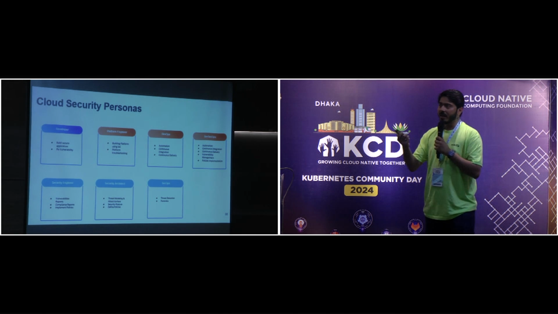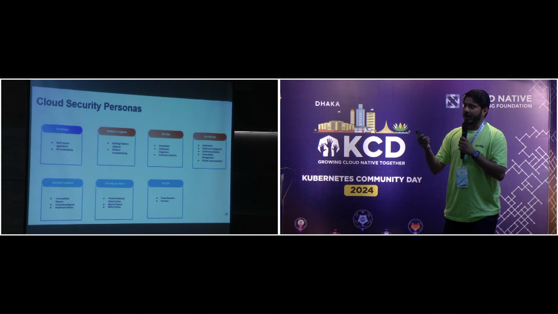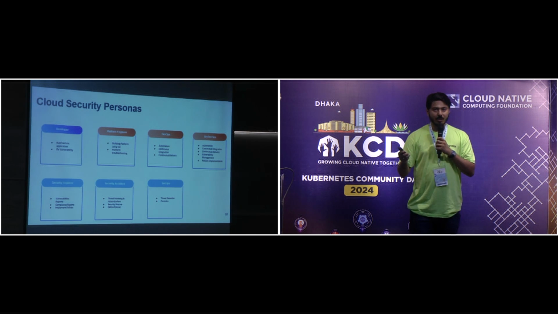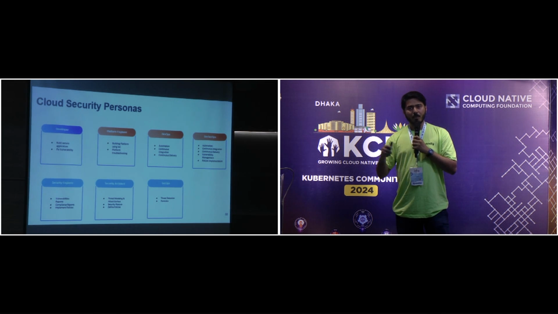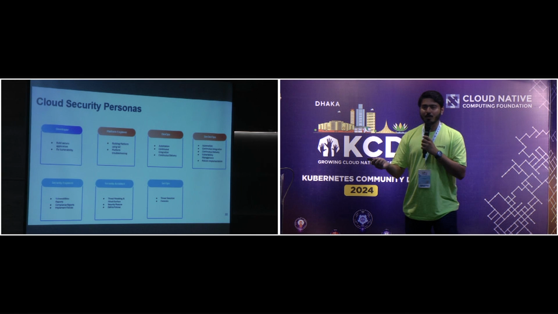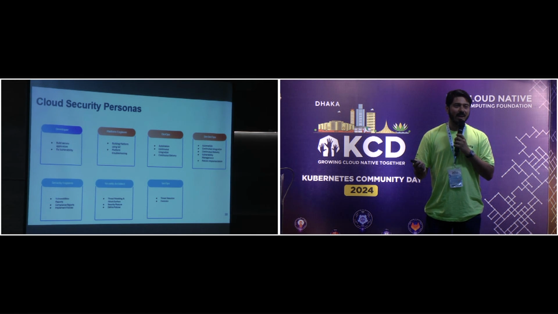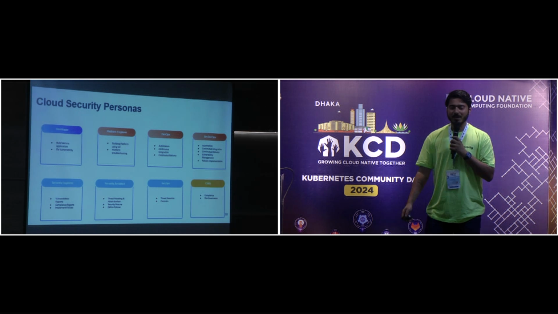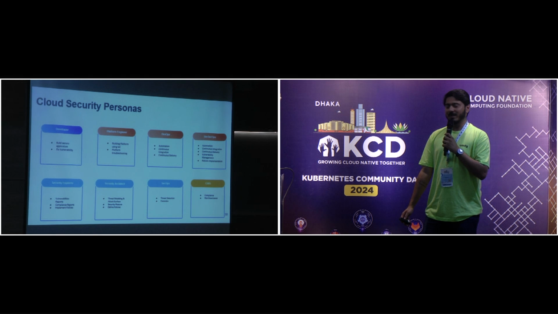So: developer, platform engineer, DevOps, DevSecOps, security engineer, security architect, SecOps. This would depend on the organization. Roles might overlap, roles might not match, but feel free to take a screenshot and decide for yourself which team you belong to. You might be designated as a DevOps engineer, but you might be doing security as well. The last one is, of course, a CISO. We will not talk about a CISO.